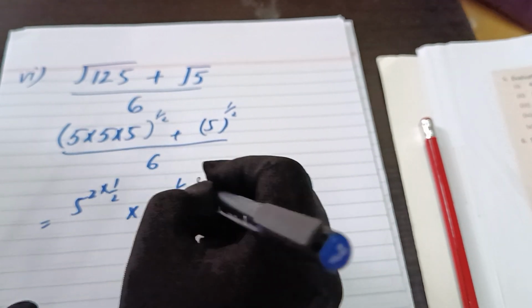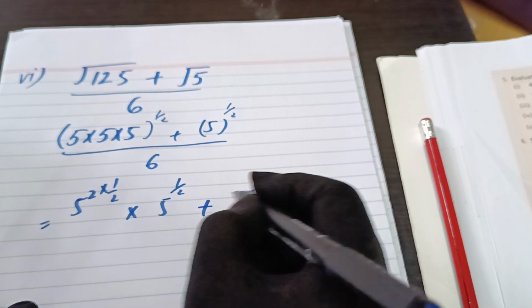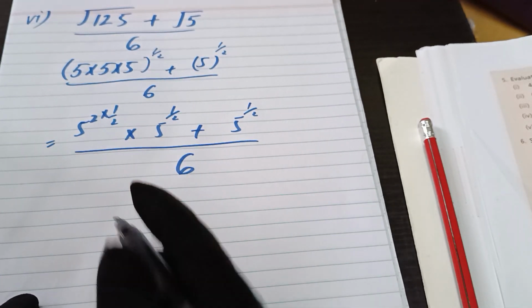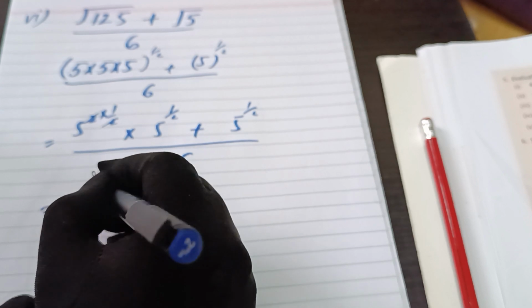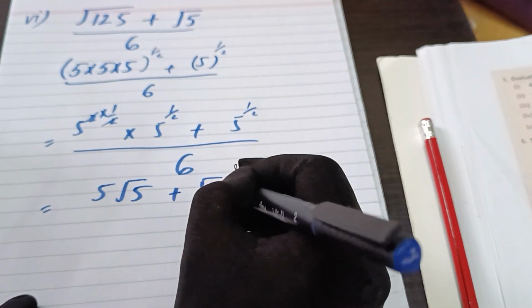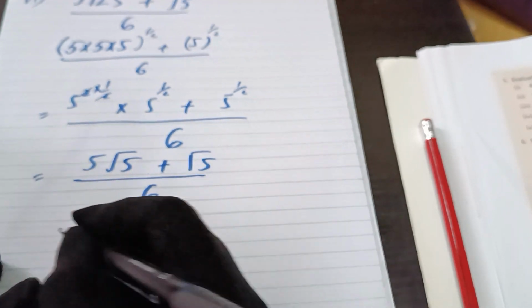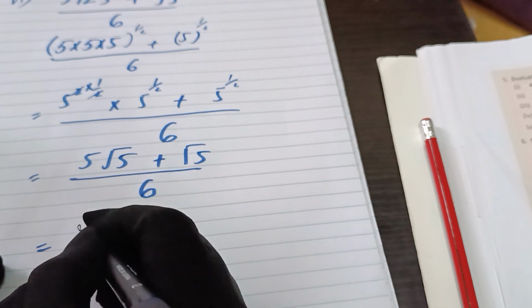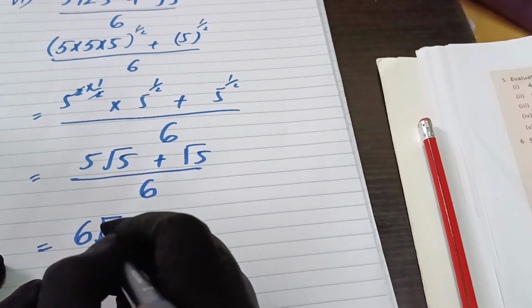This is 5, same, same. This will become 5. This is under root 5. It cannot be further solved. Plus this is under root 5 over 6. 5 times square root 5, 1 times square root 5. Its answer is 6 times square root 5.